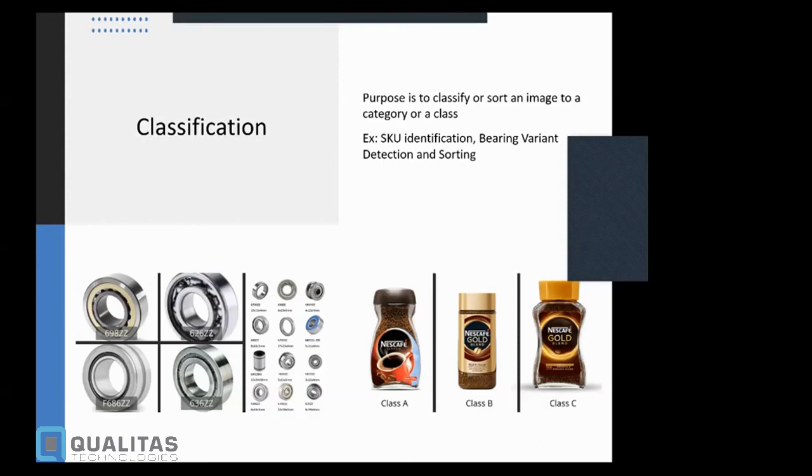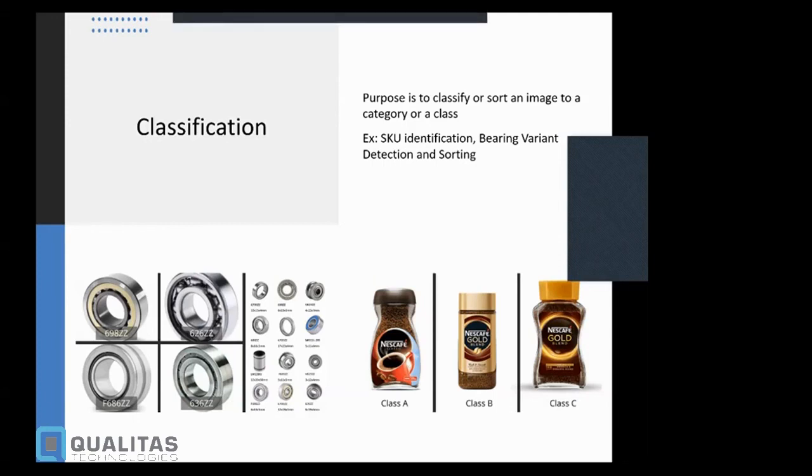Now, I would say this sort of application is becoming more and more popular with artificial intelligence, right? Because artificial intelligence is then able to analyze the image in a more granular way to then come up with this categorization. So let's look at some examples. One example is SKU identification, right?